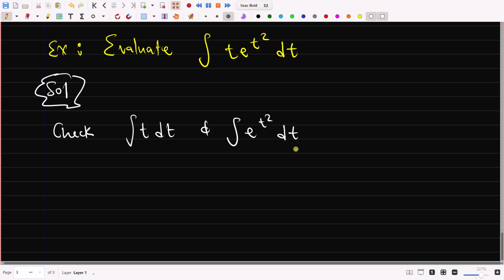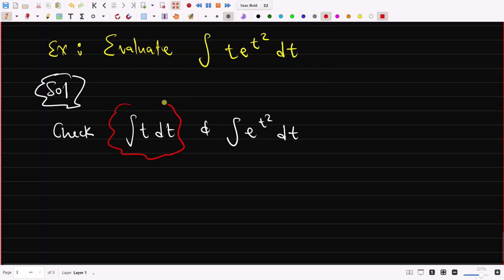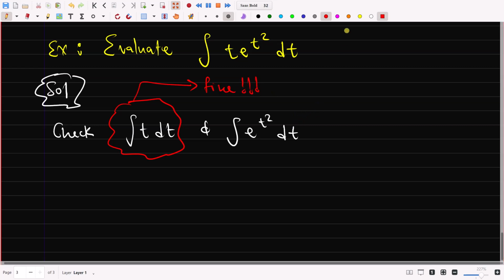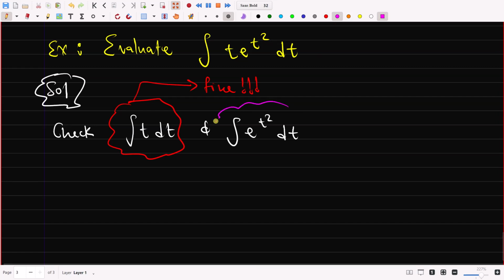You see. So we see that we have these two guys. If you look at them closely, you will see that this one here is fine. You can immediately integrate that. But when you pay attention to this one here, things are not so sure. So this is not integrable.